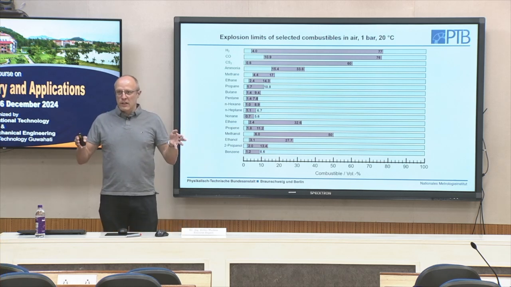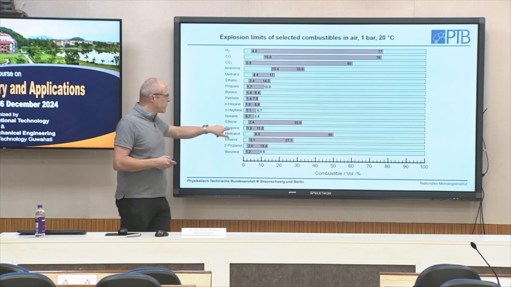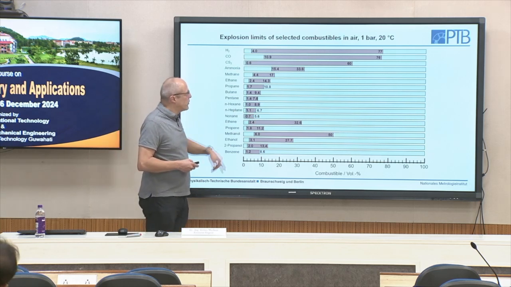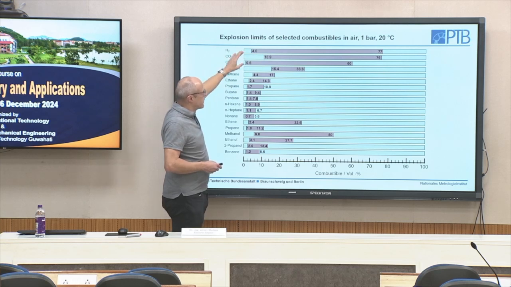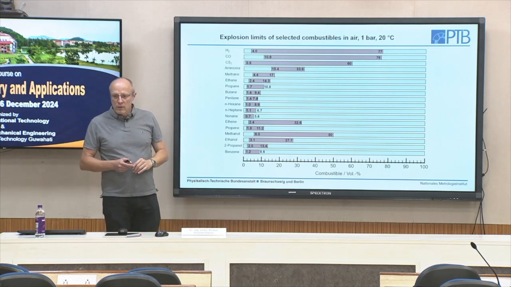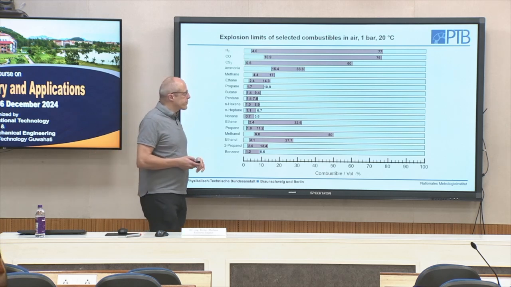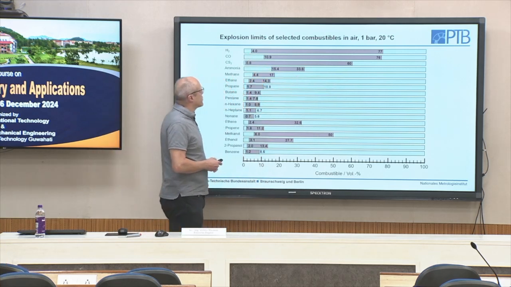But of course, these are quite large molecules which consume a lot of oxygen. Therefore, this small range. Molecules like hydrogen or carbon monoxide have a very broad range, from 4 to 77%.